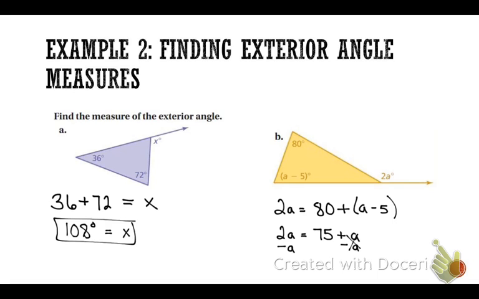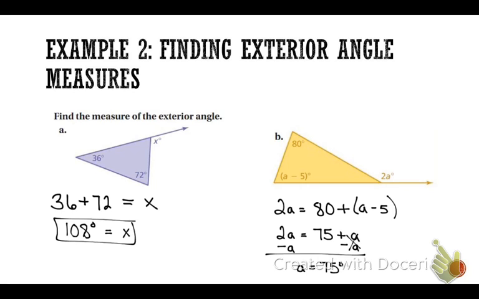That cancels it out and gets my a's on one side of the equation. And what's 2a minus a? Just a. Equals 75. So when variables are on both sides, I want to move the smaller one. How do I move it? Whatever operation is opposite. It was plus a, so I can minus a to move it to the other side.